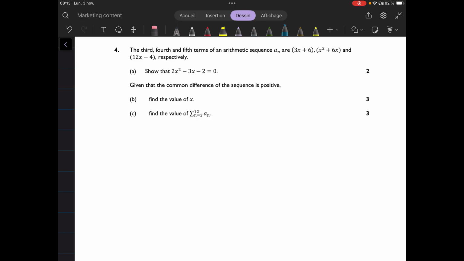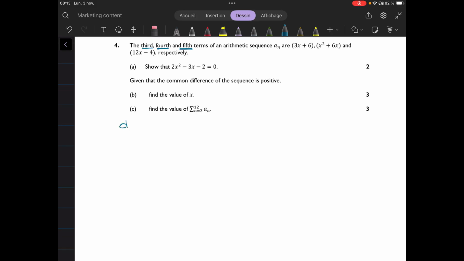Question 4. You're given the third, fourth, and fifth term of an arithmetic sequence. So the common difference is the difference between the fourth and the third term, which is also equal to the difference between the fifth and the fourth term.